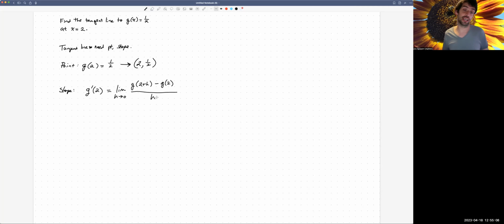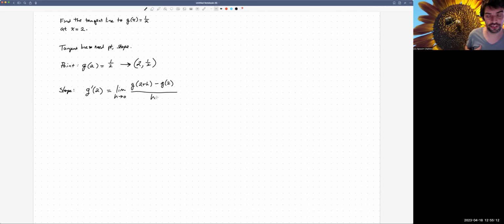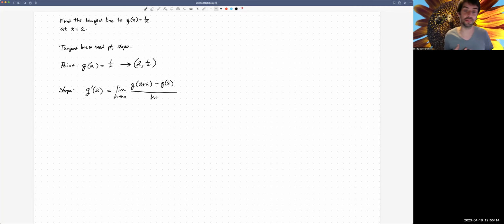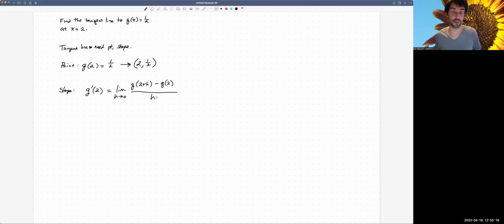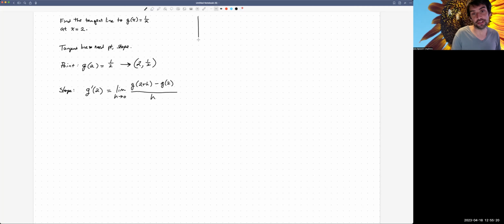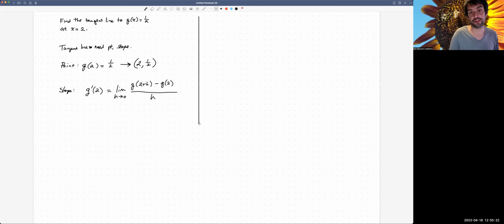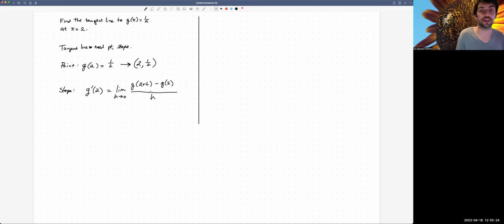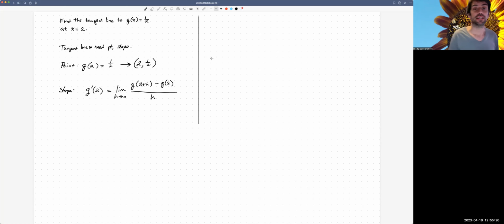So most of the work is to find something equivalent to this expression, this difference quotient, g of 2 plus h minus g of 2 all over h, that lets us take the limit. I'm going to do this work off to the side and figure out an expression that will work better.